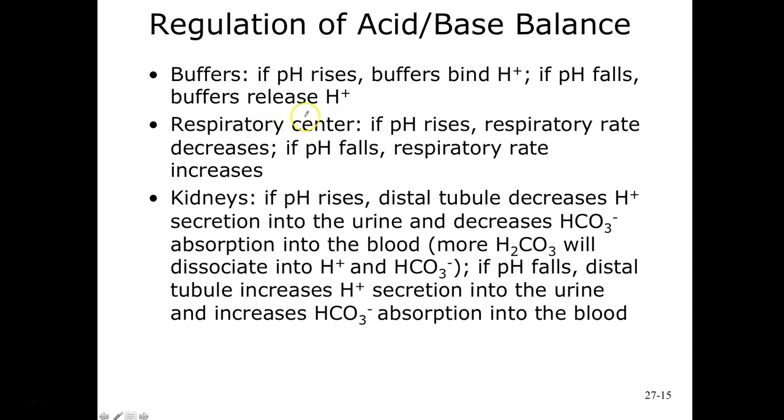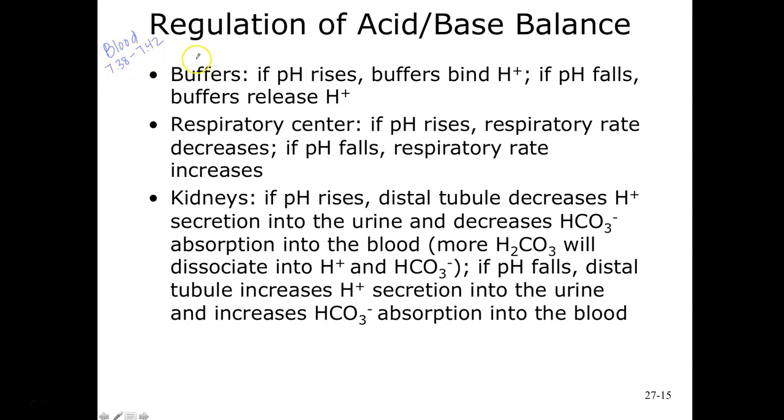The whole point of this is to balance our blood pH. Blood pH is going to range from 7.38 to 7.42. This number varies depending on what textbook or handbook you're reading, but I believe for all of nursing in our curricula, we go with this number, so focus on that one.